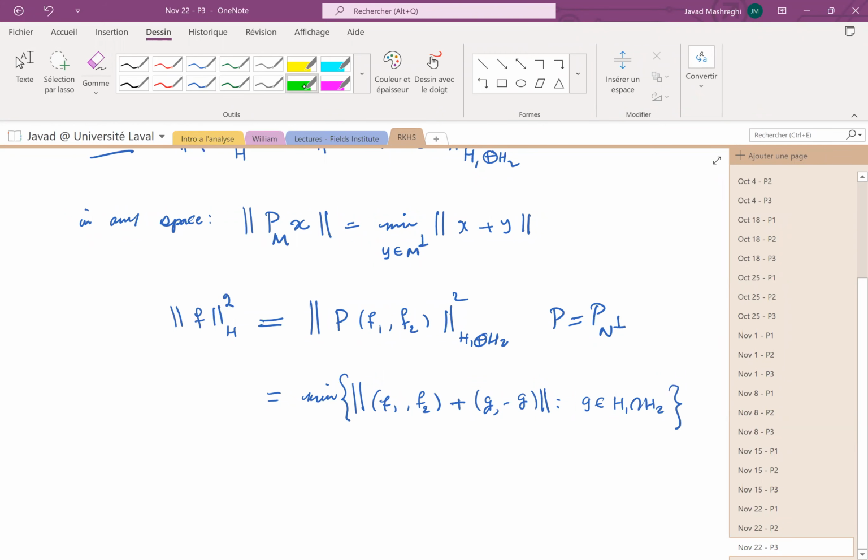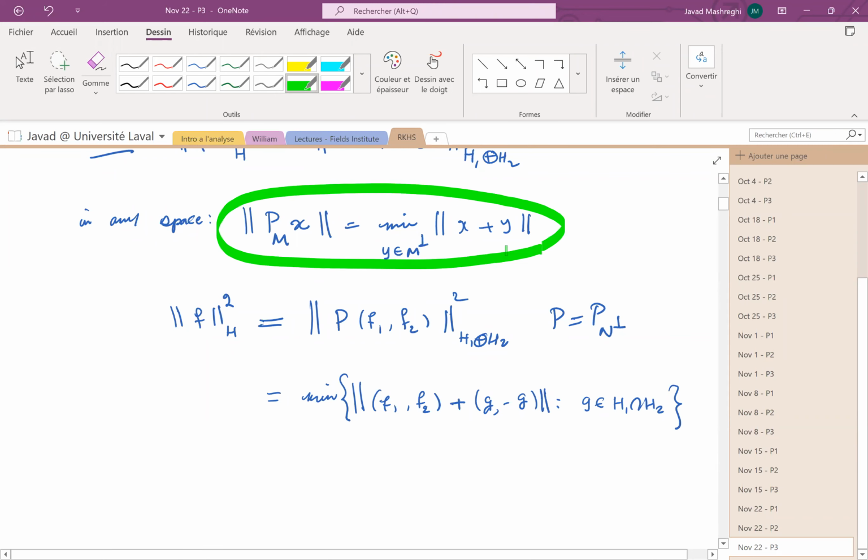That's a realization of this identity. So the norm of the projection of something squared is equal to the minimum of the norm of that element plus an arbitrary element of the kernel, the null space, over all elements in the null space. And you take the minimum.